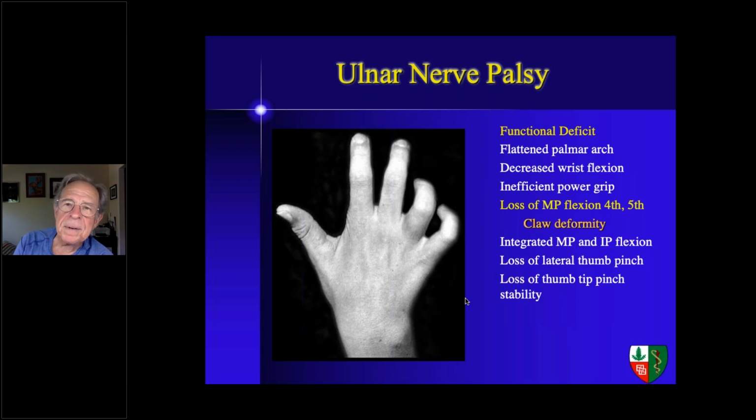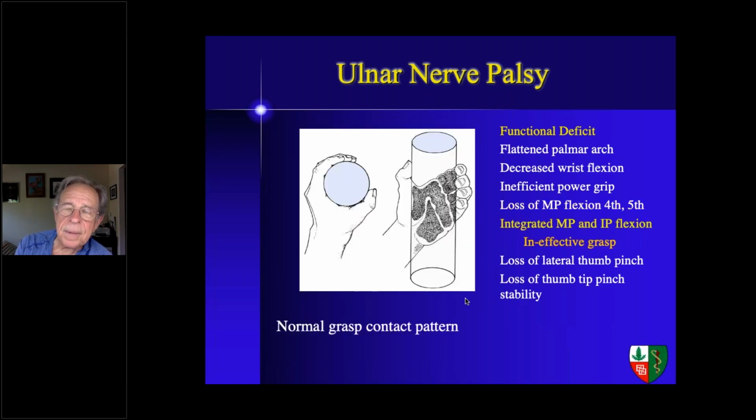The real deficits, I think, occur here, particularly the inability to stabilize the MP joints when the person tries to extend, resulting in the claw deformity, particularly for the ring and the little finger. And this loss of integrated MP and IP flexion results in an ineffective grasp.